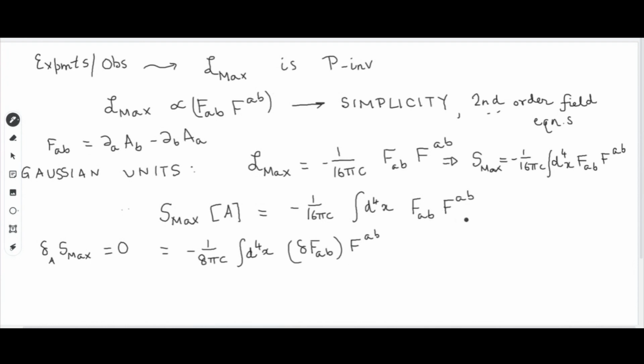I push the indices down here, I push the indices up there, and therefore this is a unique result: delta F_AB, F^AB. You can also write the delta on the other one, but it's the same result.